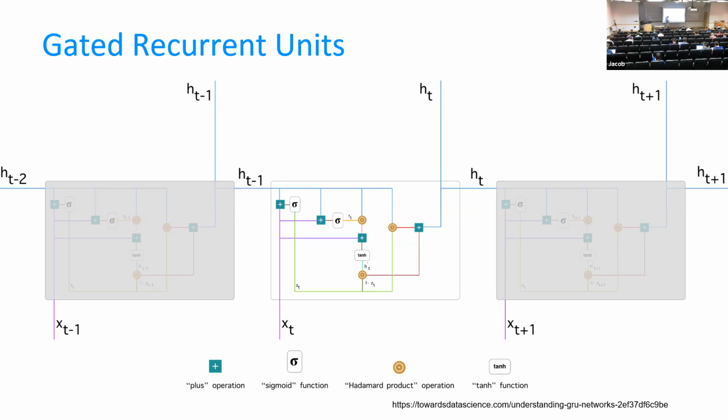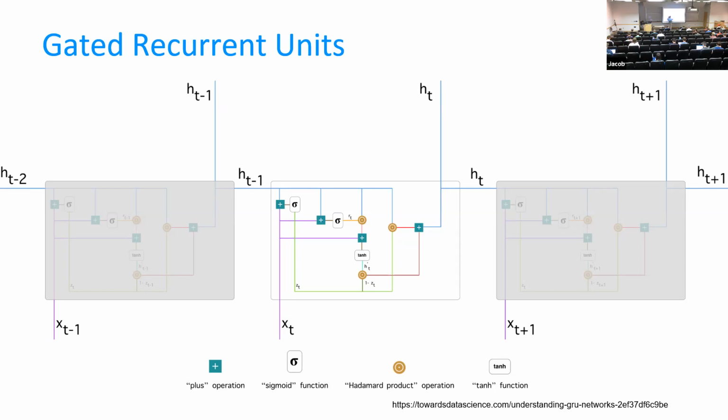And so our input from xt comes into this tanh function via this purple line, and then is multiplied by 1 minus zt, where zt is the output of this gating function.